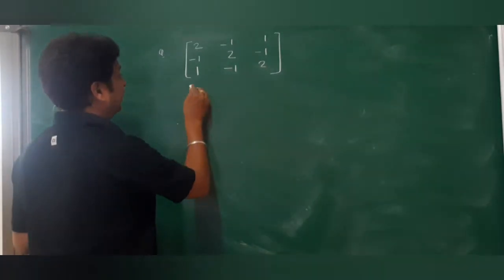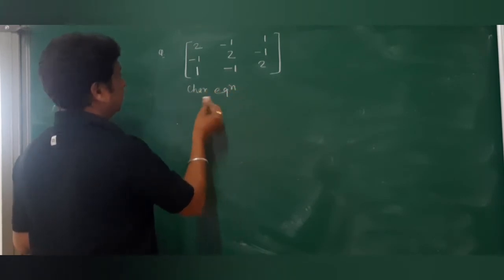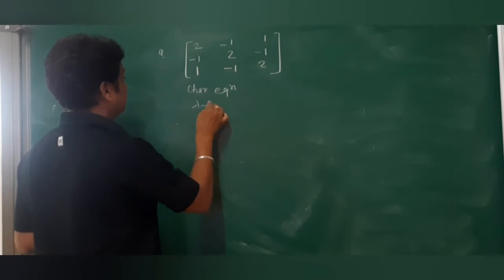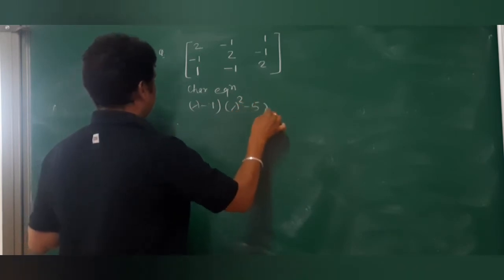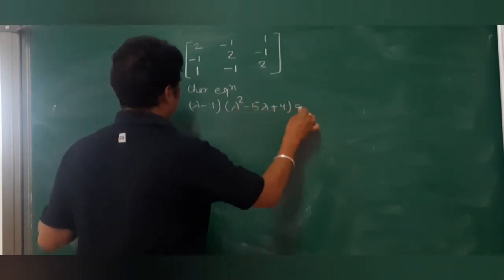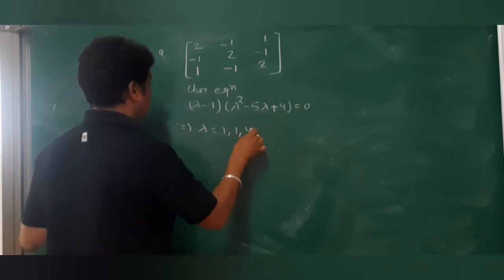So first we write characteristic equation. What is characteristic equation? The characteristic equation is... when you solve, you get eigenvalues 1, 1, 4.